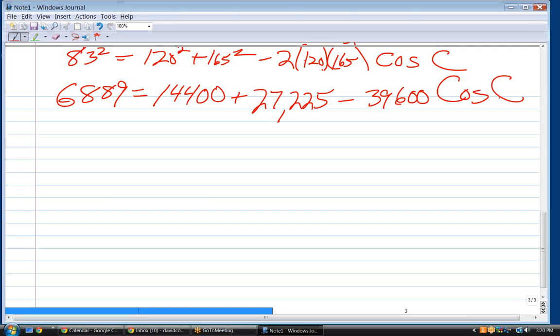We still only have one unknown variable right there. Okay, what's the next step here? Well, let's add these two and subtract that number from both sides. What do you get when you add 27,000 to 14,400? In other words, combine those two numbers and then subtract it from both sides.